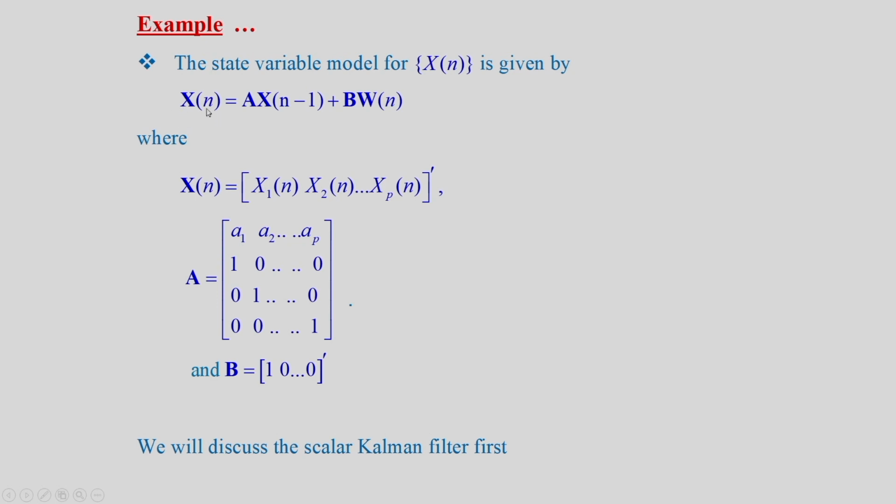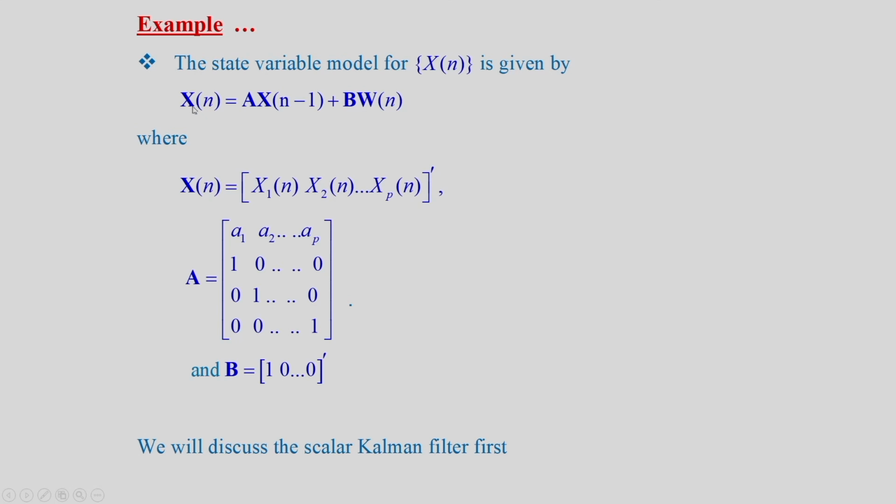So, this can be written as xn is equal to A times xn minus 1 plus b times wn, where A will be now first row will be a1, a2 up to ap, and next row will be 1, 0, 0, next will be 0, 1 up to 0, like that, and last row will be 0, 0, last element 1. And similarly, b can be written as [1, 0, 0 up to 0] transpose of this vector. So, that way this is the b vector.